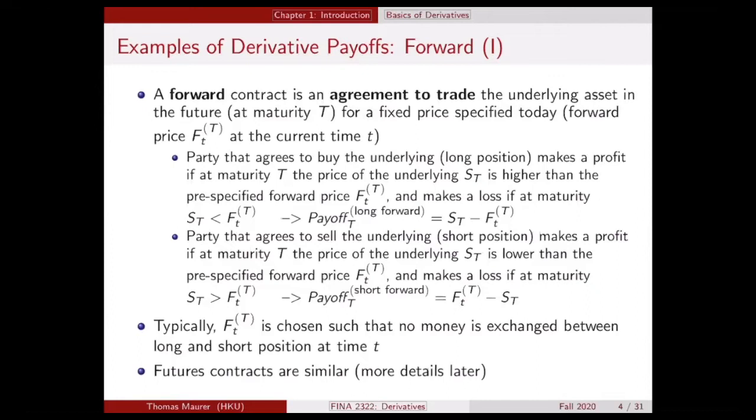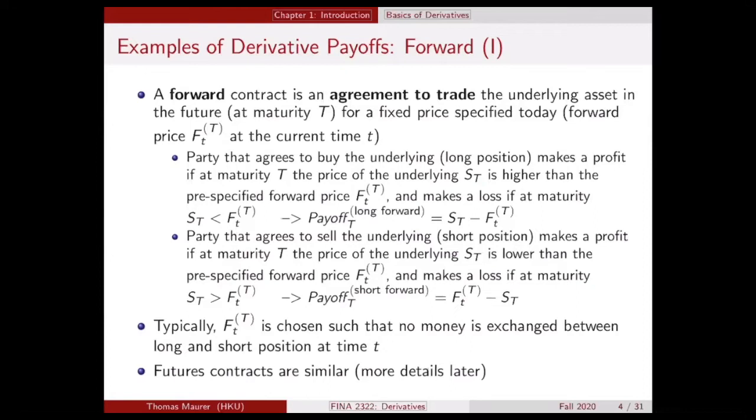On the other side of that trade is the party that agrees to sell the underlying asset, and we call him the short position in that forward contract. He makes a profit whenever the price of the underlying asset ends up lower than the forward price F, and he makes a loss if the price of the underlying asset is larger than the forward price.